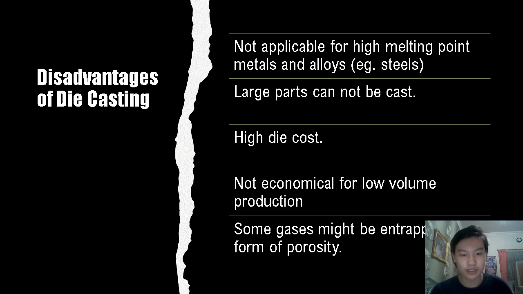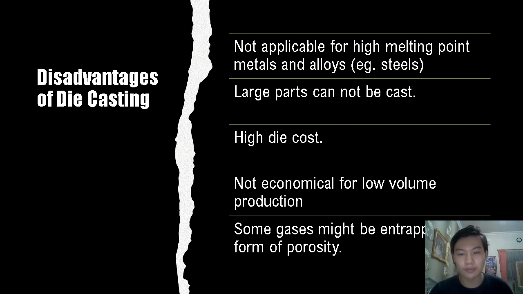And then the next one is the high die cost. The die cost is very high because it is made out of high quality and heat resistant steel, unlike sand casting, which only uses silica based material. And then the fourth one is that it is not economical for low volume production. Although this kind of process is very economical for high volume production, it is not economical for low volume production.